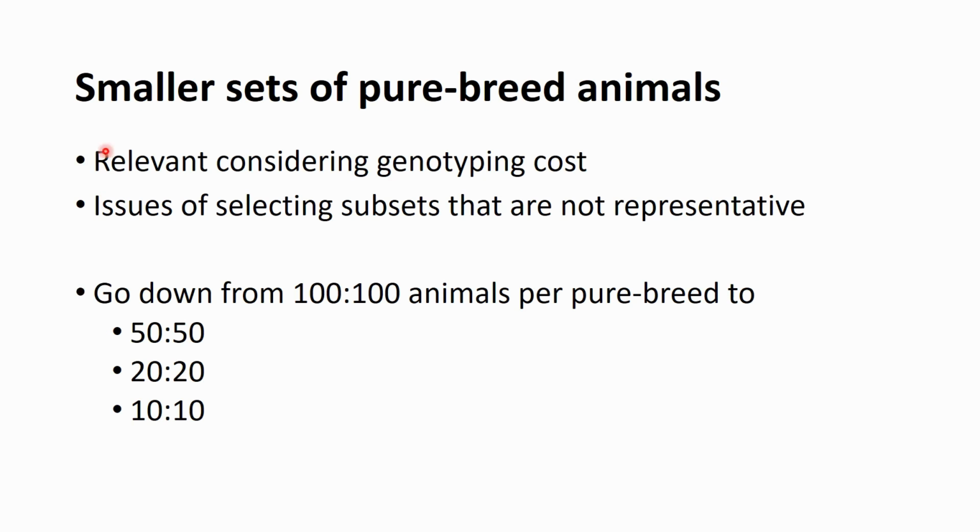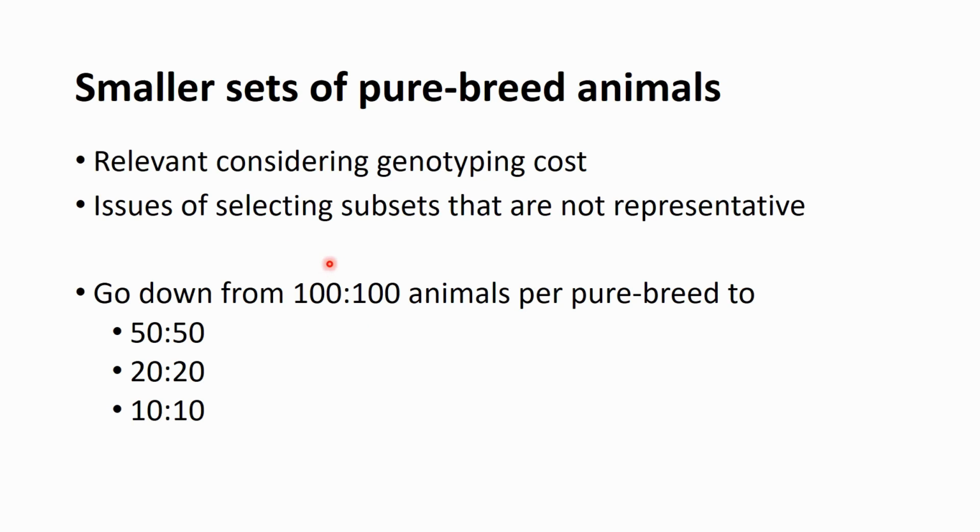So as I mentioned, selecting smaller sets of SNPs is a possibility, but also what you could do is select a relatively low number of purebred individuals and still do a really good job when it comes to determining admixture proportions. So to continue the line of arguments that I was having before, what is tried out here is comparing reference sets of different sizes.